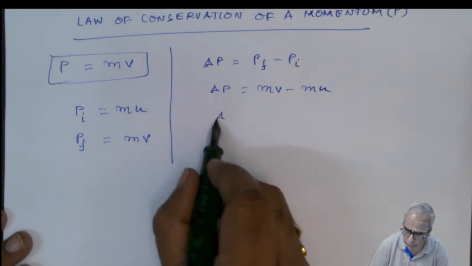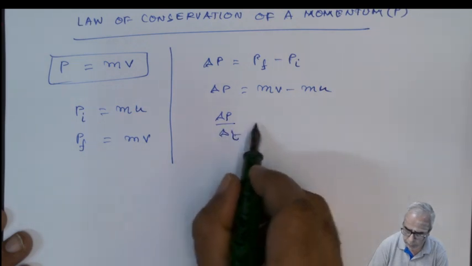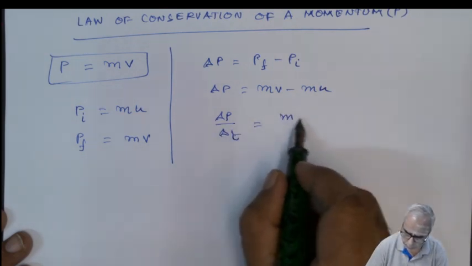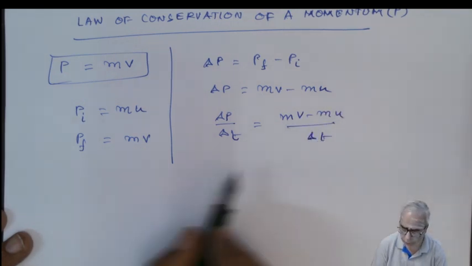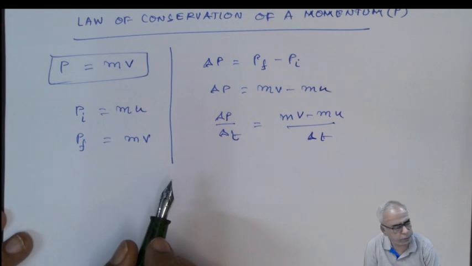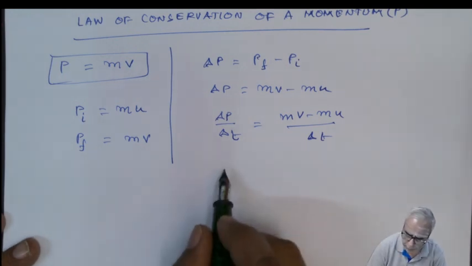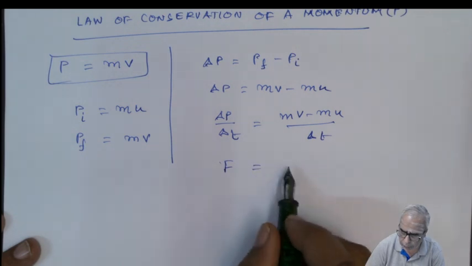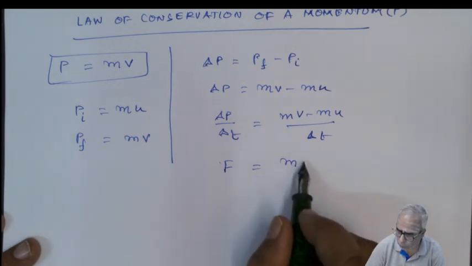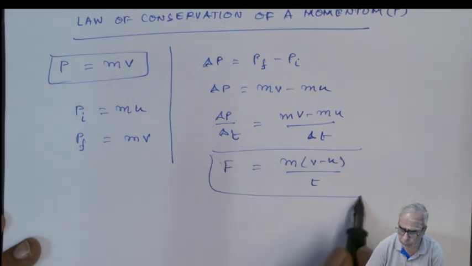The rate of change of momentum means delta p divided by delta t, that is equal to (mv minus mu) divided by delta t, the change in momentum with respect to change in time. So simply speaking, this rate of change of momentum is called force, and that is why we write m(v minus u)/t. So that is the force.